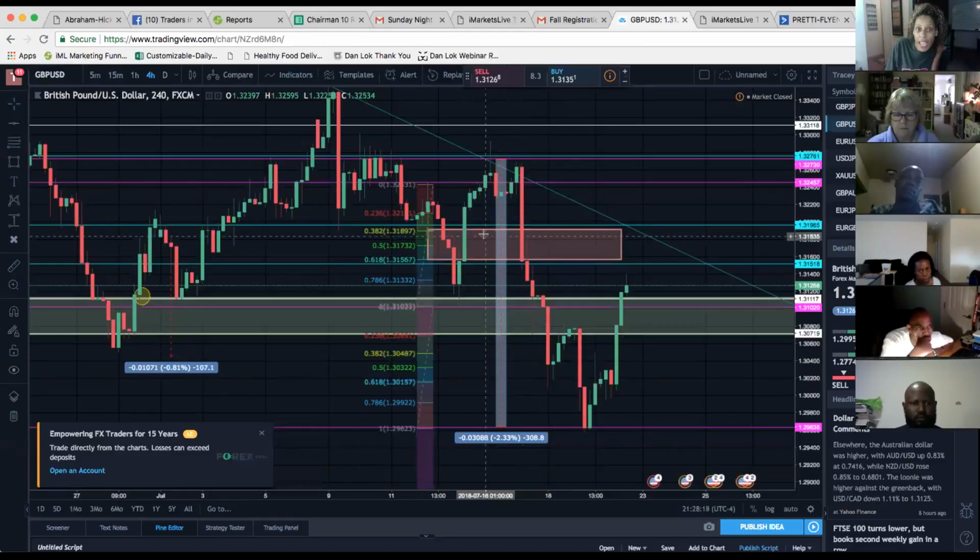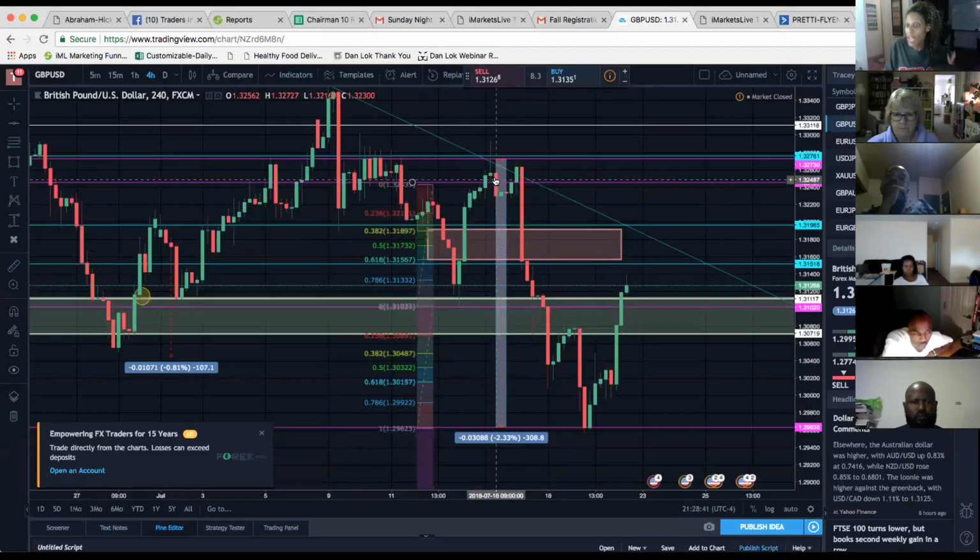If I get in at 50, I'm going to turn around and get out at 50. If I get in at 61.8, I'm going to get out at 61.8. If price comes all the way back to where I started from, that's 100% retracement.